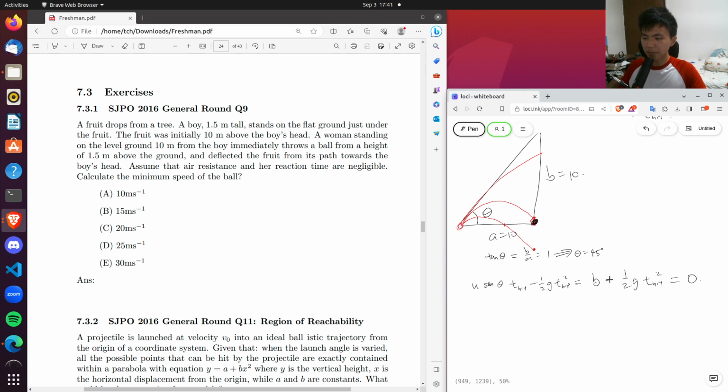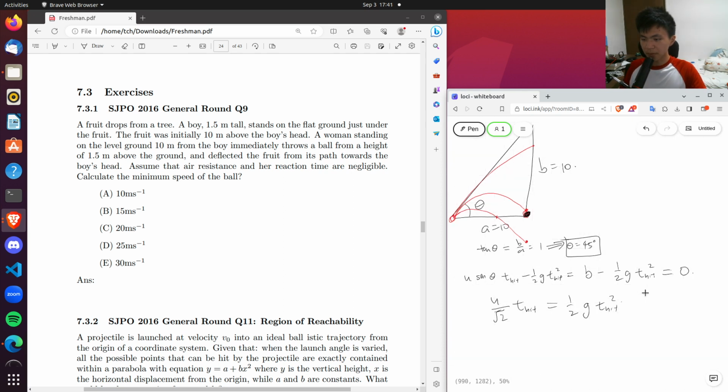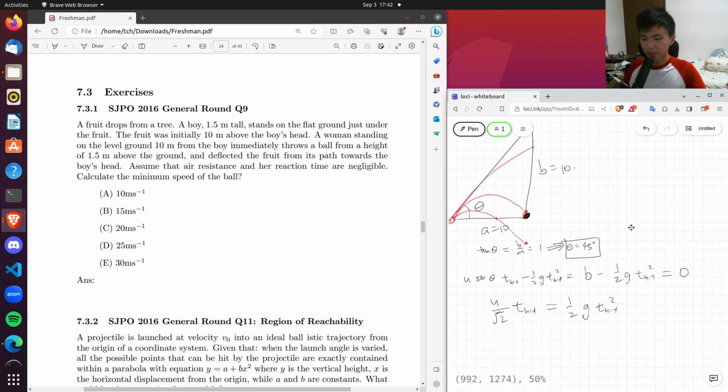If you substitute this and the value of b into the following, you get u over square root 2 times t hit equals half g t hit squared, and this must also be equal to 10. It must also be equal to b, so we have brought the half g t squared over to the right side.